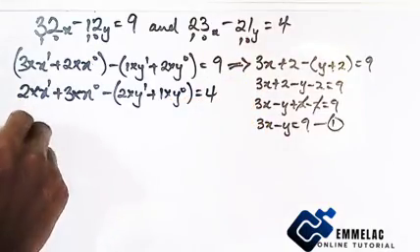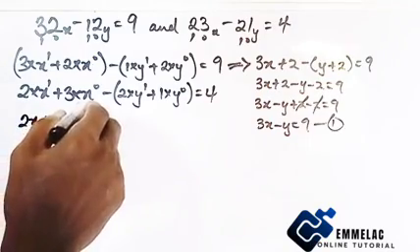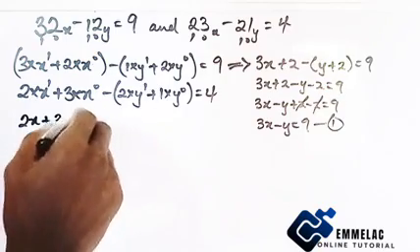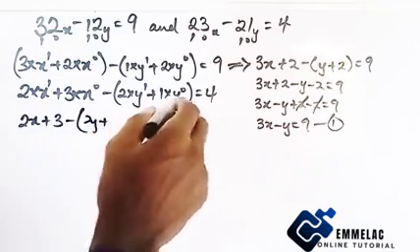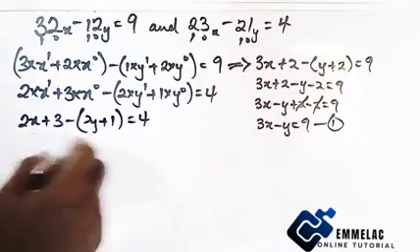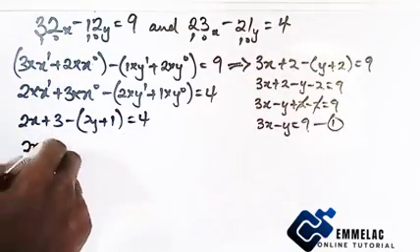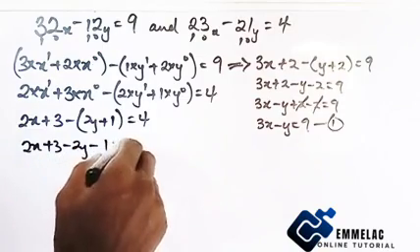So here we have 2x plus 3, take note, this is raised to power 0, so it is 1. Then minus, into bracket, 2y plus 1. Then equals 4. Opening this bracket, you have 2x plus 3 minus 2y minus 1, all equals 4.